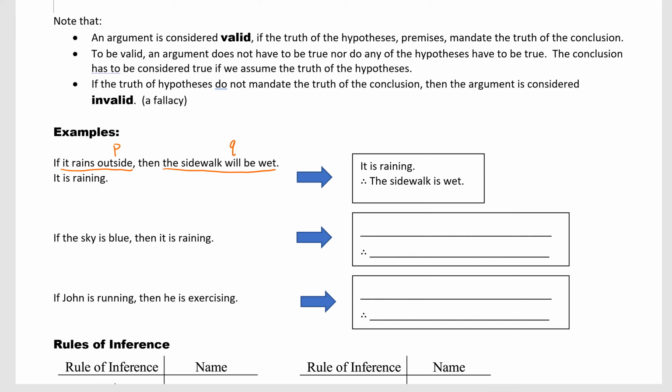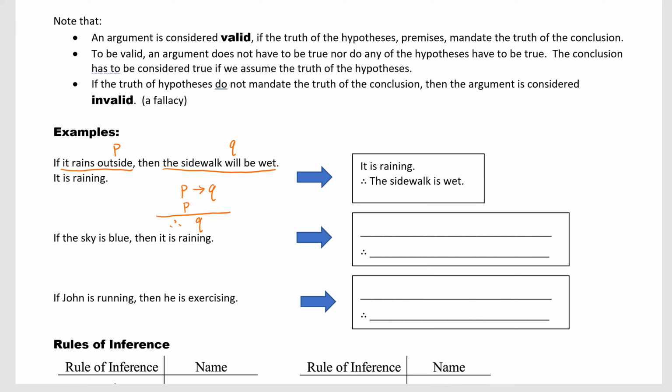So this is Q. The first sentence is like P implies Q. And then the next line, it is raining, that's the P. So the conclusion: because P implies Q, and now P is happening, therefore Q is happening. So the sidewalk is wet. And this is what it means.